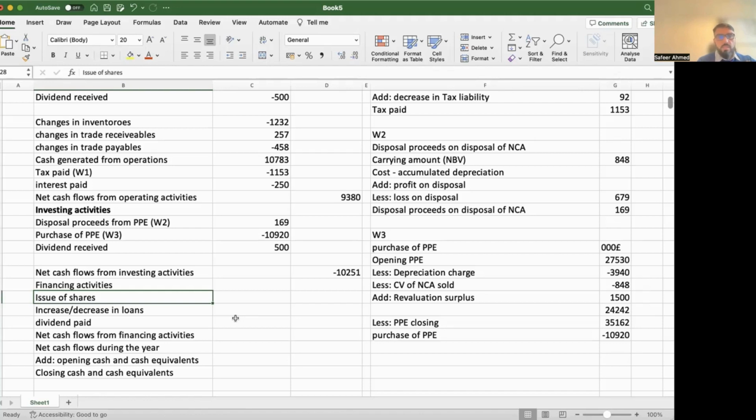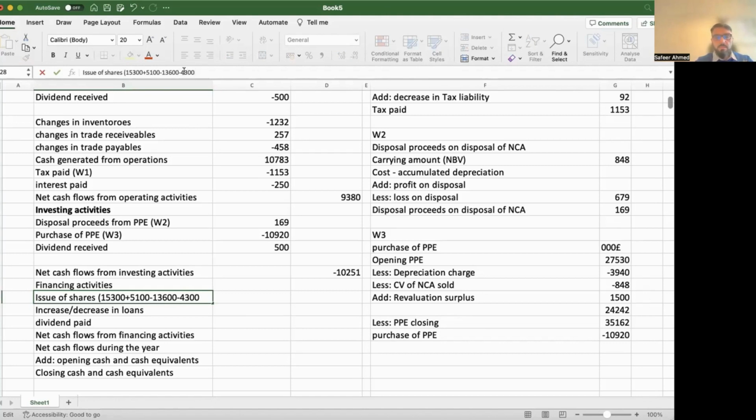So the way you calculate this, you just add the share capital and share premium of this year, which is 15,300, plus share premium of this year, which is 5,100, and then minus share capital and share premium of last year. So share capital of last year was this, and share premium of last year was this.